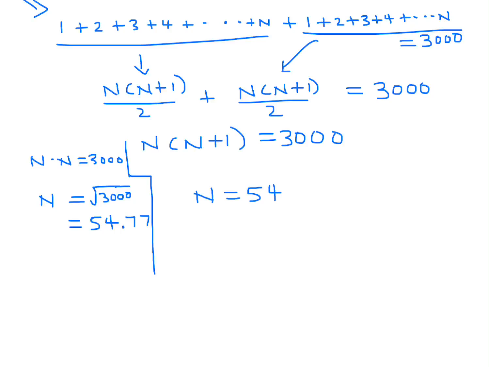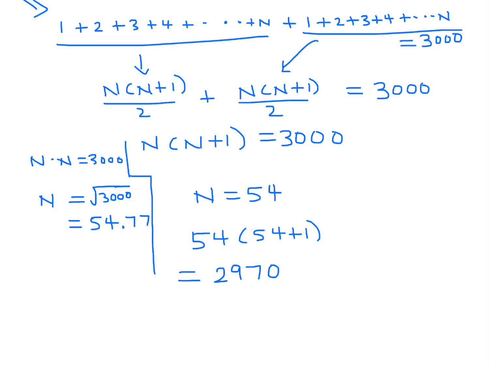So if n is 54, what do we have here? We have 54 times 54 plus 1, and that is going to be equal to 2,970. So that's good, right?